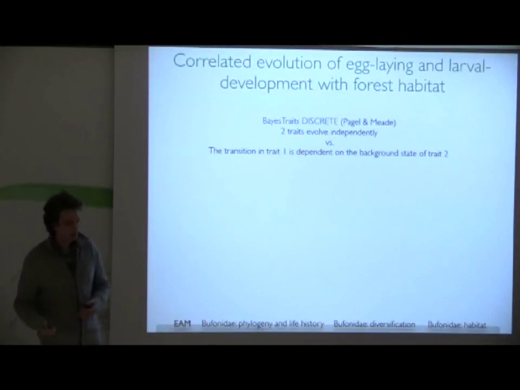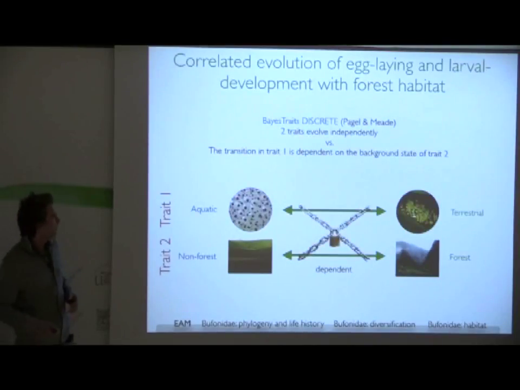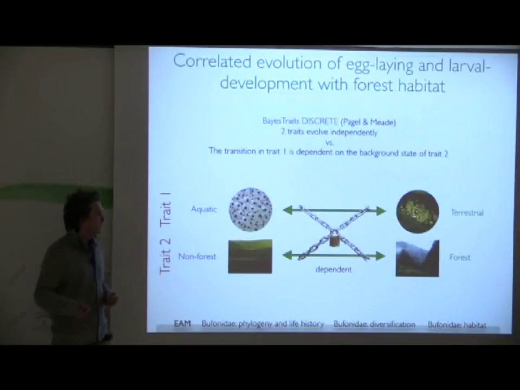So I can maybe show you an example. If we have our 2 traits as, in this case, aquatic versus terrestrial eggs and non-forest versus forest, in the independent model, these 2 traits are allowed to evolve freely, and then in the dependent model, the background state of one of the traits directly influences the transition in the other state.